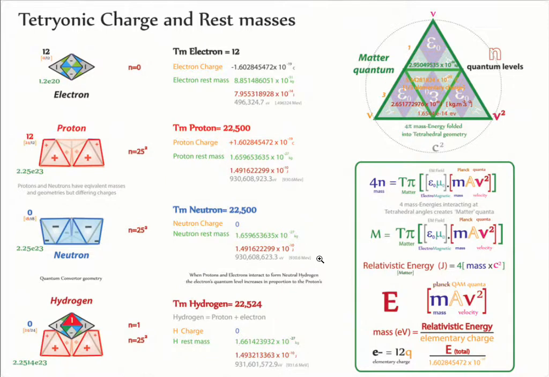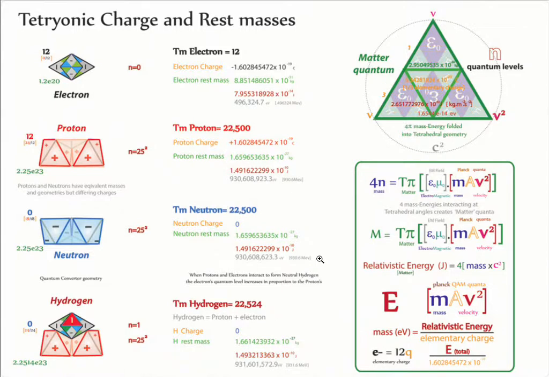So again, just refreshing, the mass energies of the charged geometries, or the charged fascia, give us the mass matter of each particle. The net charge that results from the differing charged geometries that make up the particle gives us our net charge on the particle.